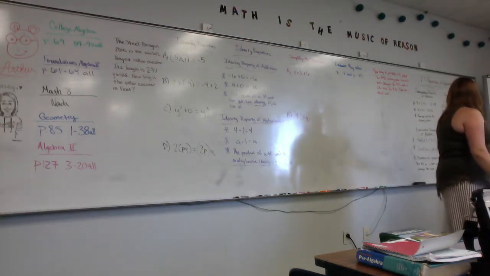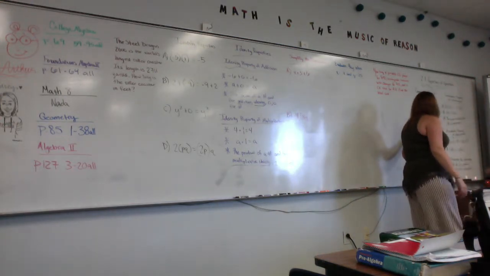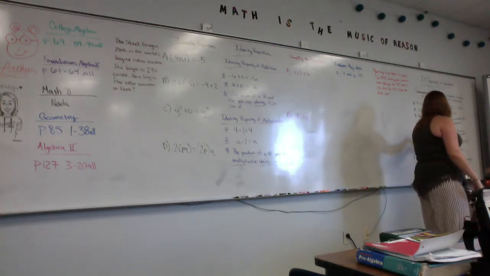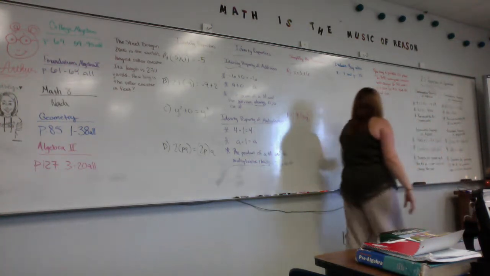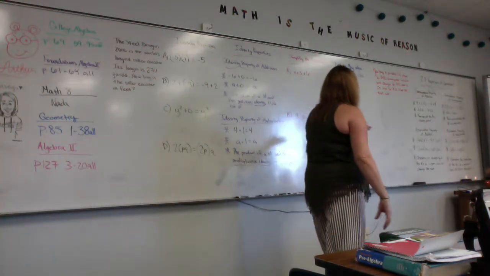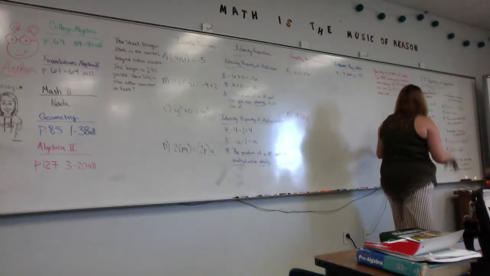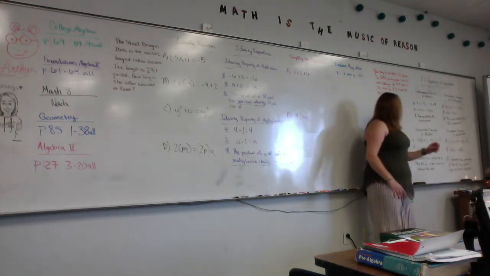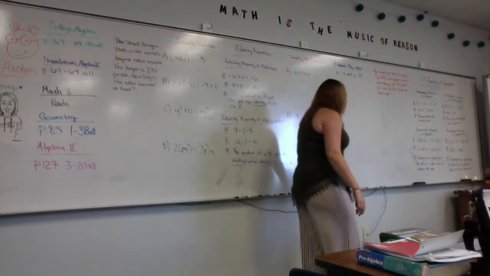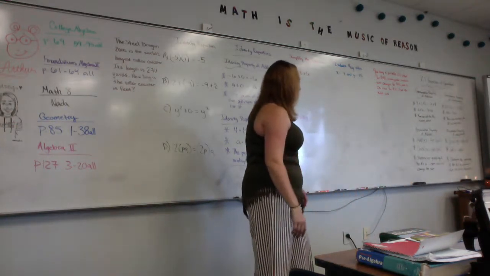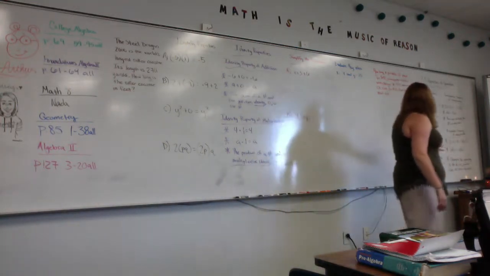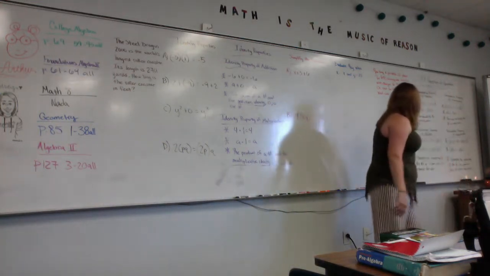Associative property of addition says if I have parentheses 9 plus 6 and then outside of that plus 2, I could rewrite it to say 9 plus parentheses 6 plus 2. Or in letter form, I have parentheses A plus B plus C, and then A plus parentheses B plus C. Changing the grouping of the numbers in a sum does not change the sum.